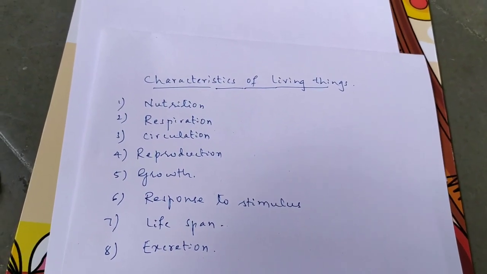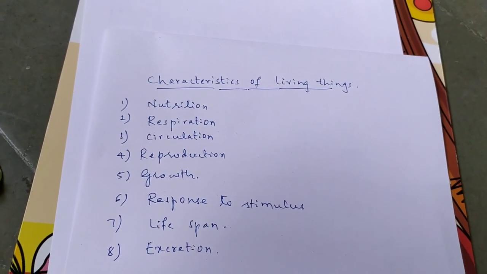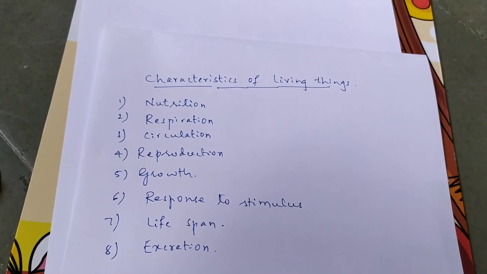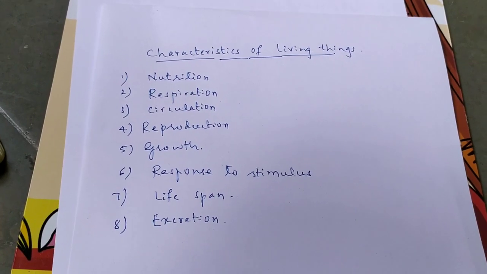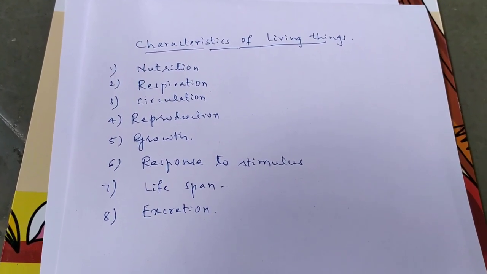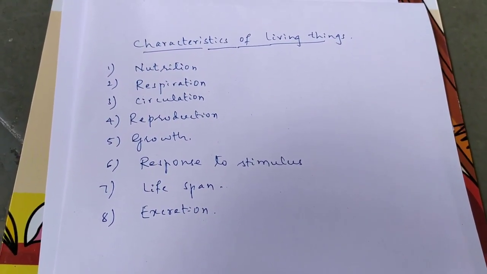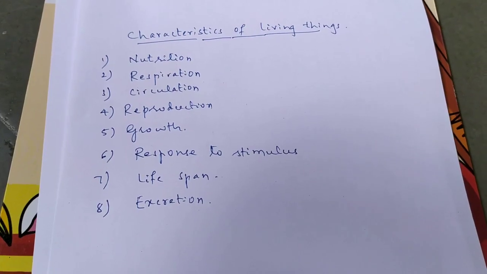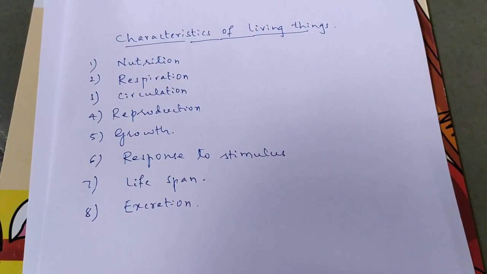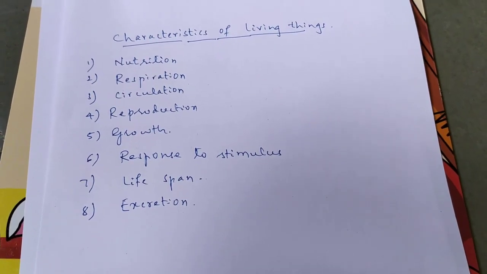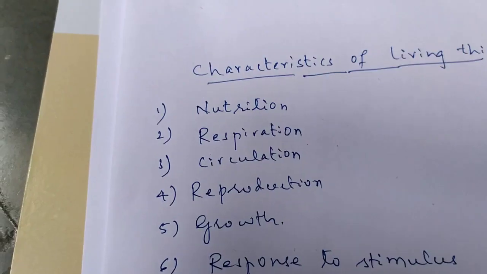Such processes are called the life processes. For example, I have mentioned some of the important characteristics of living things. Among these, which are those processes which are known as the life processes?